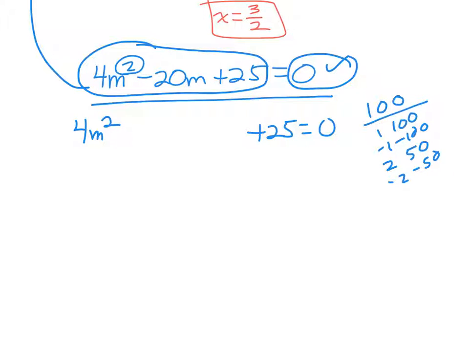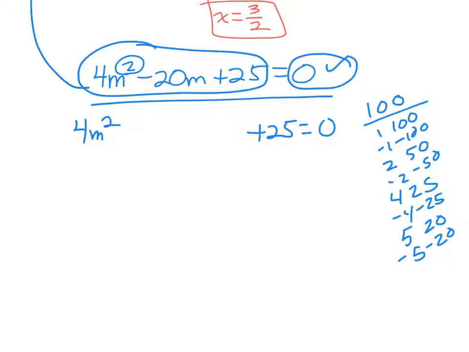Well, 4 does, 25 times. 4 and 25 or negative 4 and negative 25, but neither one of those adds up to negative 20. 5 goes into 100 20 times. 5 times 20 or negative 5 times negative 20, but neither one of those adds up to negative 20.